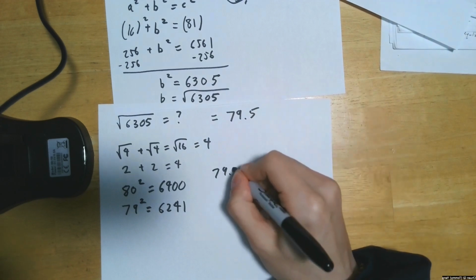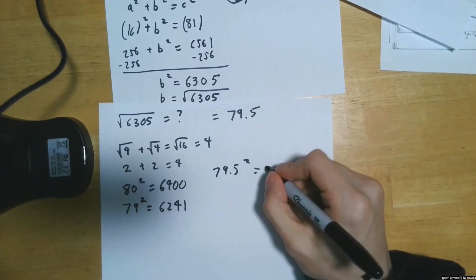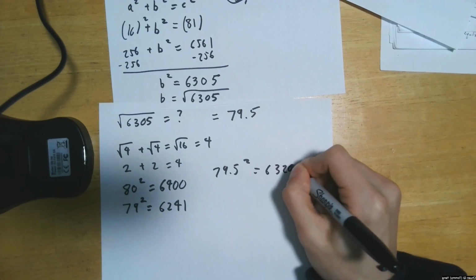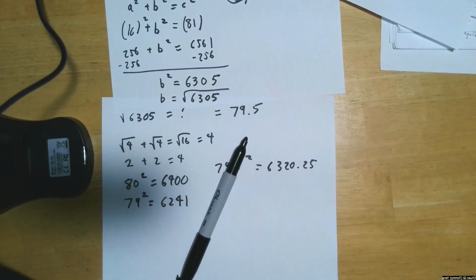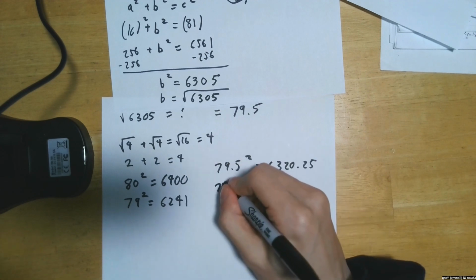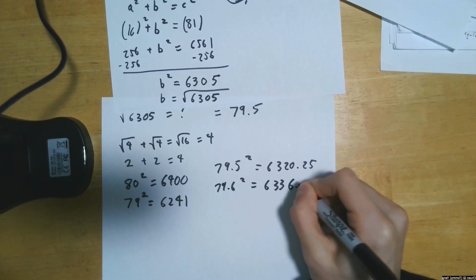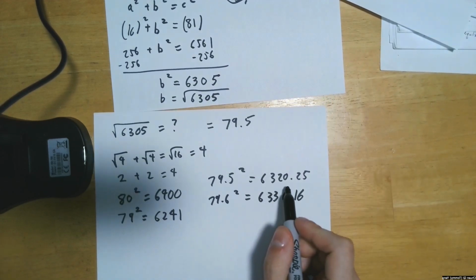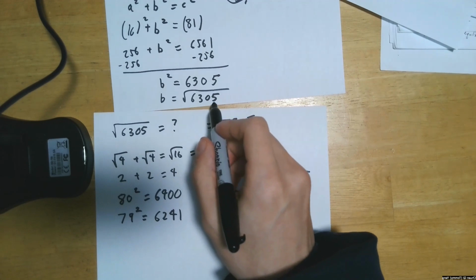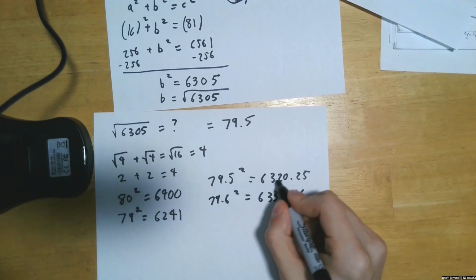So 79.5 squared, you can use your calculator for this. Oh, this is pretty close, 6320.25. And then 79.6 squared is going to be 6336.16.